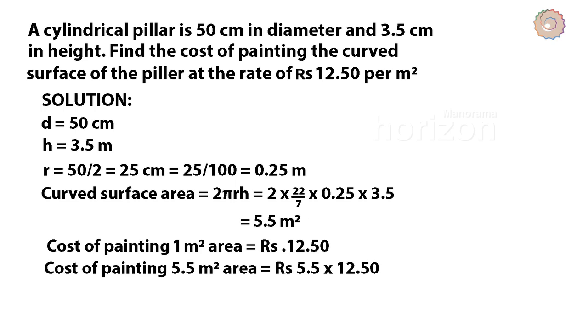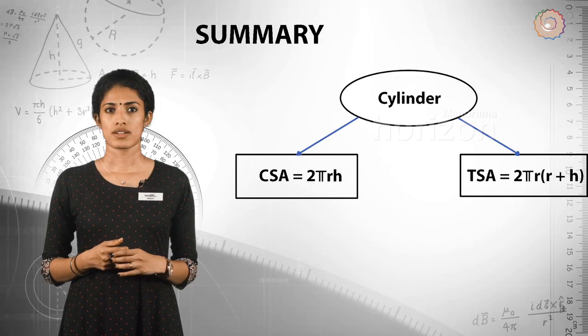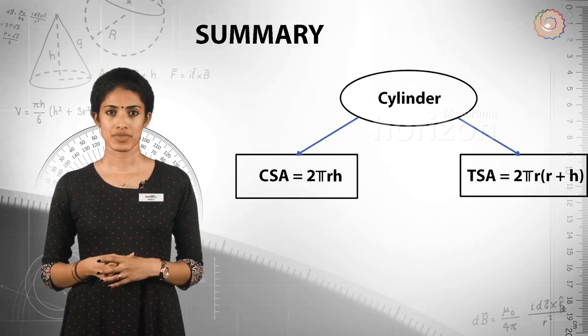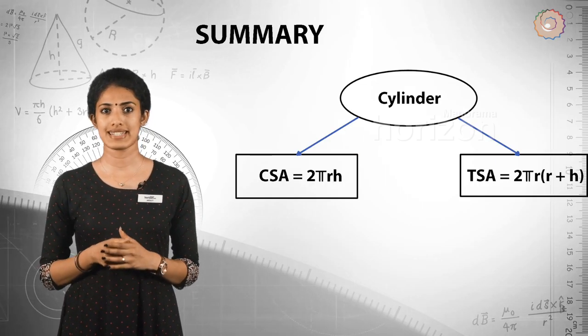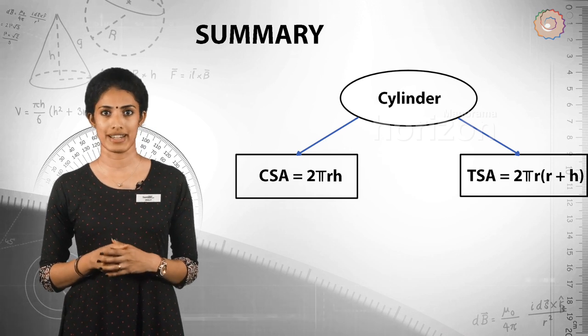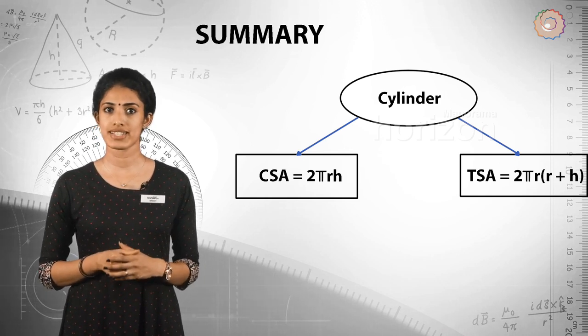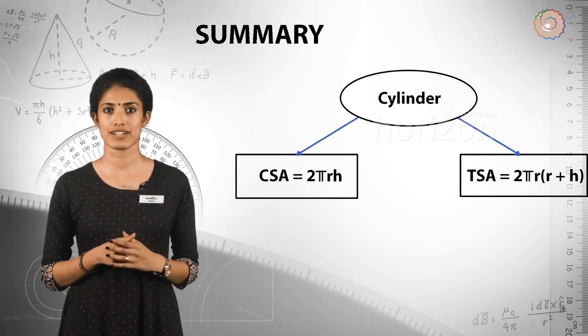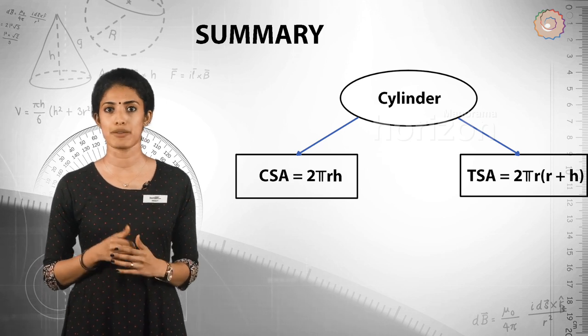That is rupees 5.5 into 12.50, giving you rupees 68.75. Now, let us summarize. The curved surface area of a cylinder is given by 2 pi r h and total surface area of a cylinder is given by 2 pi r multiplied by r plus h.